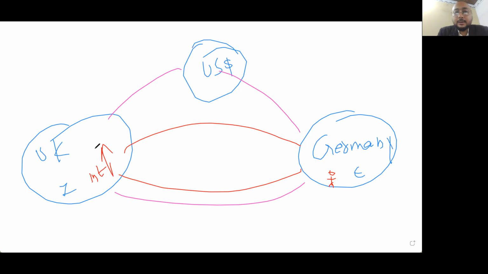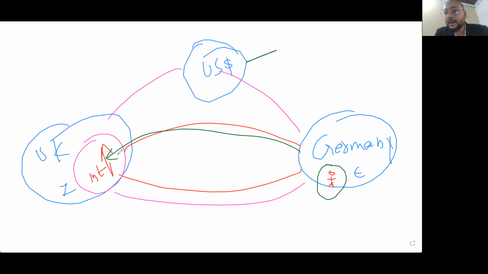But since the interest rate rises in the UK, German investors who were previously investing in the US now shift their focus to the UK, to invest in UK banks or government securities because the interest rate is higher here.